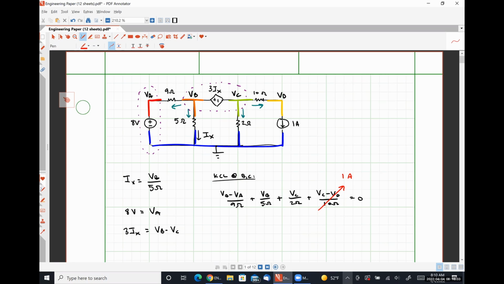Can we do a superposition problem with a dependent source? Sure.